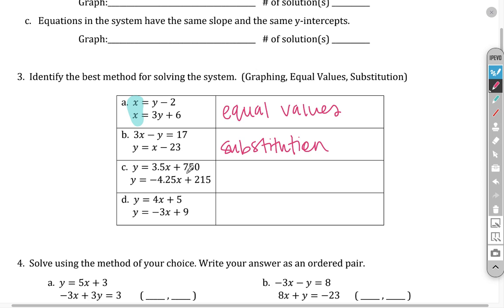But notice we've got 750 and 215. Those numbers are just way too big to graph, so we're going to use equal values because they're both set equal to y. All right, and then on D, we've got them set equal to y once again. And notice these are very good, very small numbers, so this time we are going to plug those in the calculator and get the answer by graphing.